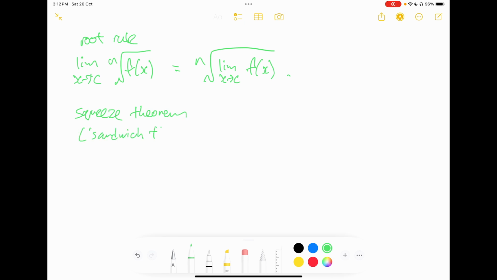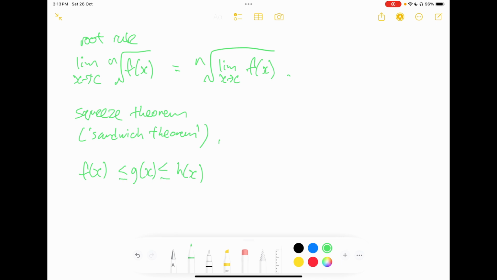But basically, what it's trying to get at is that if you have three functions, f(x), g(x), and h(x), and they are related by this.